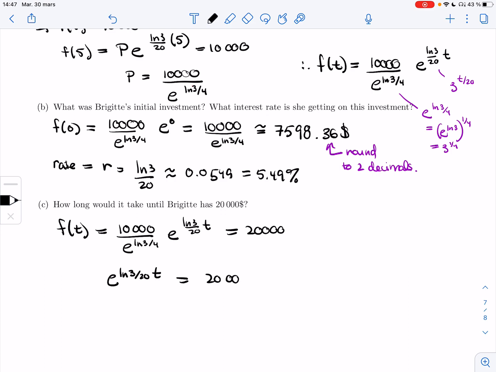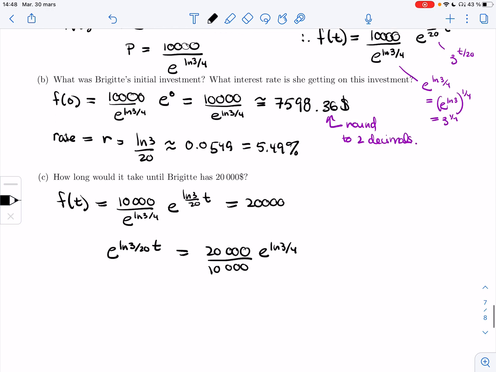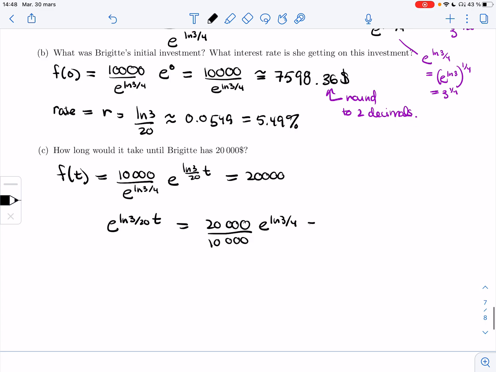That's 20,000 divided by 10,000. That's going to simplify nicely. So I'll be left with 2 e to the ln of 3 divided by 4. I want to go after the t, so I'm going to apply log to both sides. I'll get ln of 3 over 20 times t is log of 2 e to the ln of 3 divided by 4.